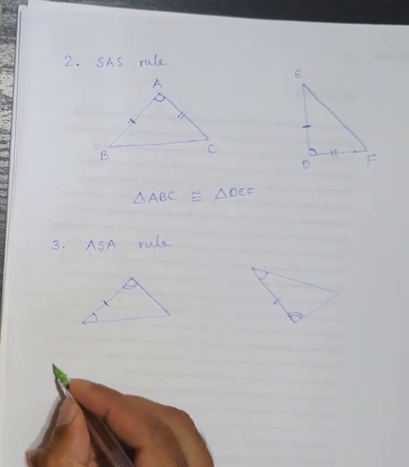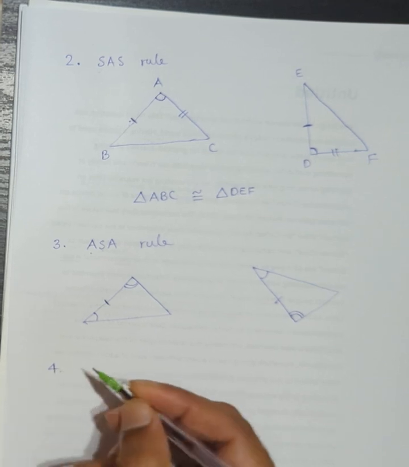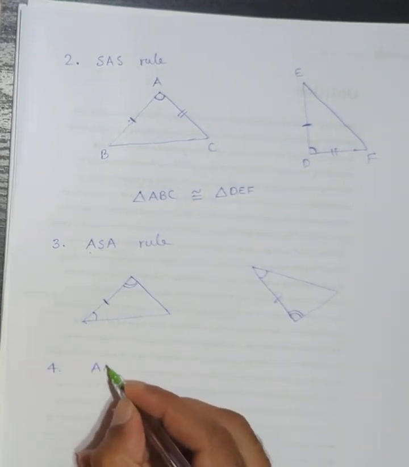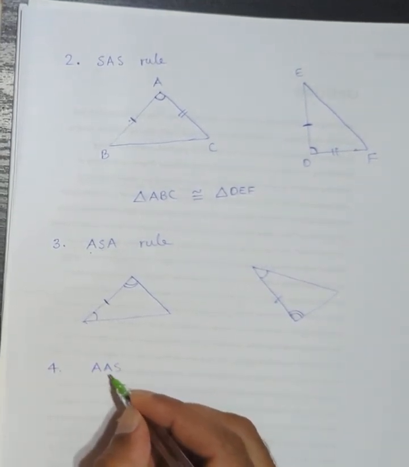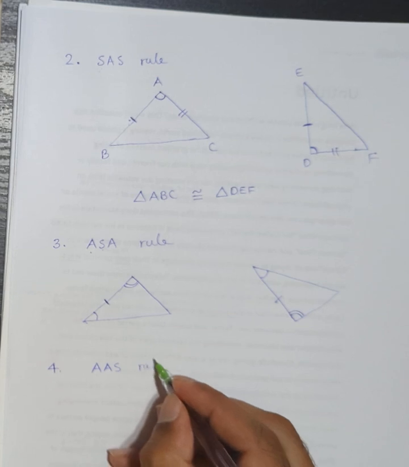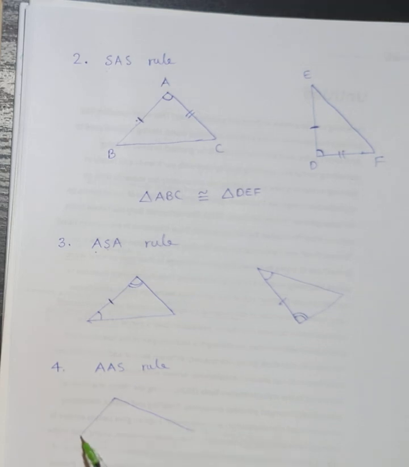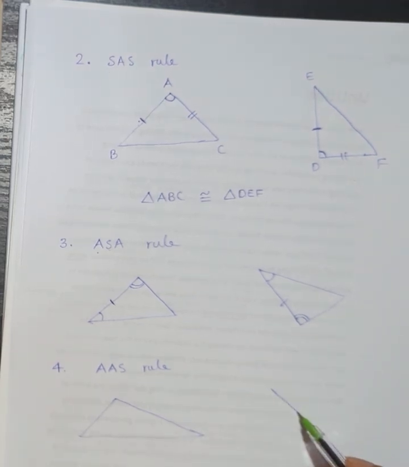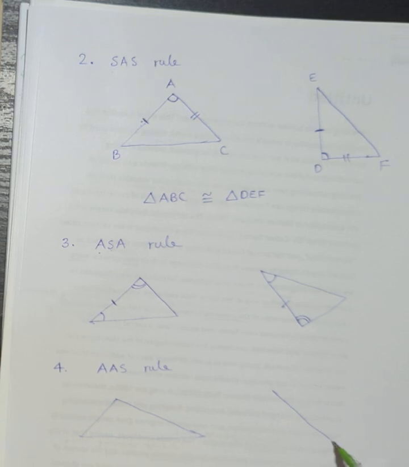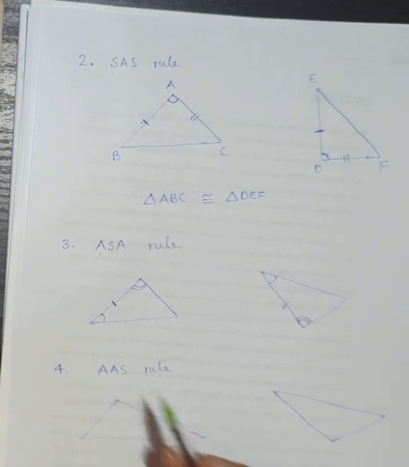Then a fourth rule is called AAS rule. So notice I have angle, angle, and side. So this time I'm going to draw two triangles. And again, they don't have to be oriented in the same way. They could be rotated. But here is the point.